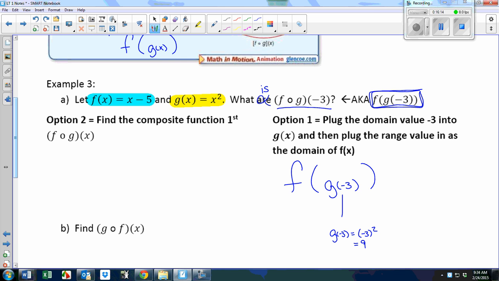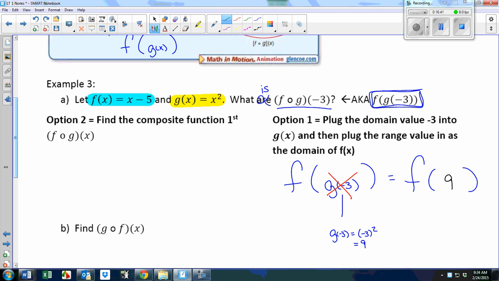The 9 is the output of g, but when I put it back into this situation, it becomes the input of f. In other words, I replace g of -3 with that 9. So now 9 is the input into the other function f.